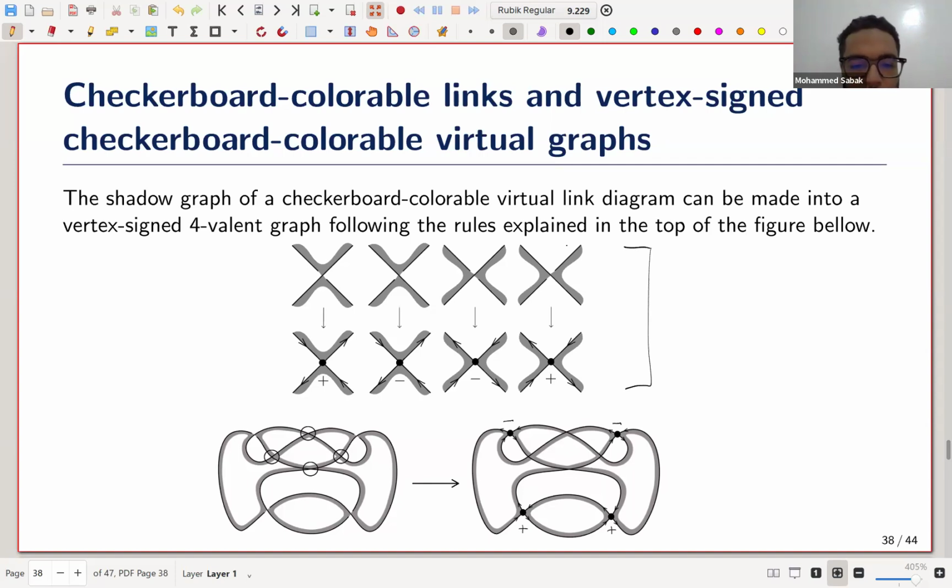In this example, if you look at this crossing, it will be a negative vertex here, and this one will be a positive vertex here. So at the end, if we have a checkerboard colorable virtual link diagram, then we can get a vertex-signed checkerboard colorable 2D graph.